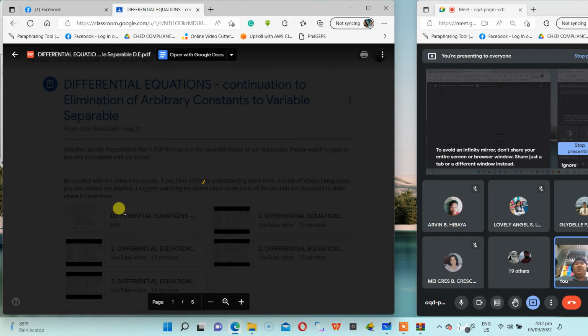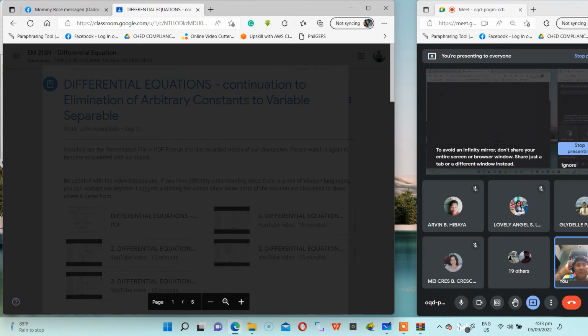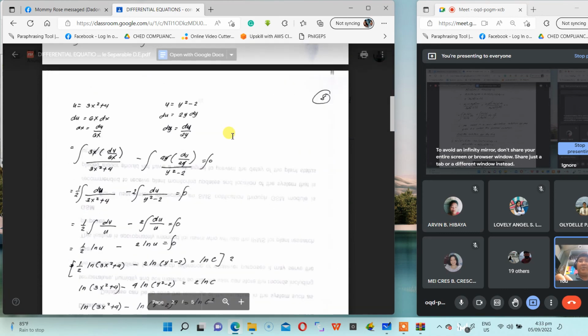Now we could say that if you know the identity, it becomes easier and the solution becomes shorter. But if you don't know it, you could do it in longer steps until you get to the answer. Okay, any question before we end our class?